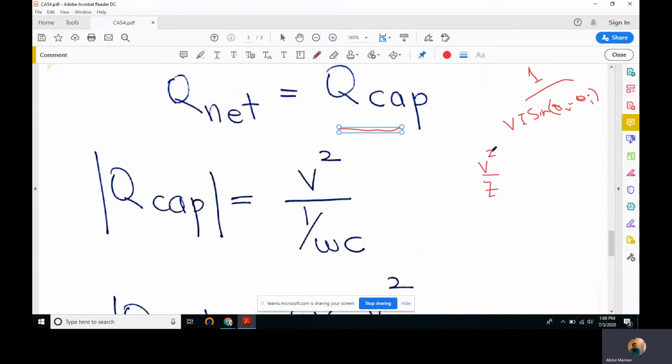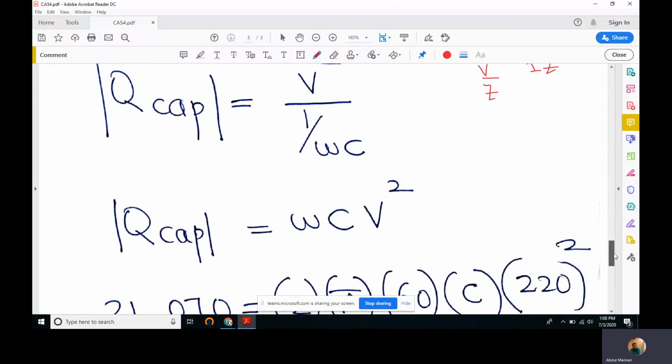So this VI can also be written as V squared over Z, and it can also be written as I squared times Z. So we write it as V squared over Z, and we know that Z for a capacitor is 1 over j omega C. Since we are working with the magnitudes, 1 over omega C. So the magnitude of Q capacitor is this term, which will come into the numerator finally, because it is in the denominator of a denominator.